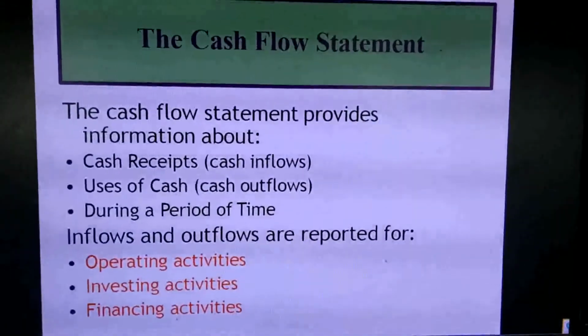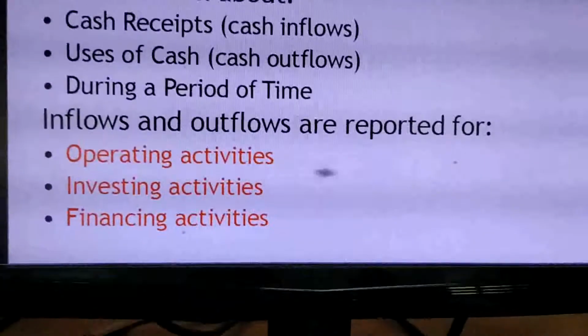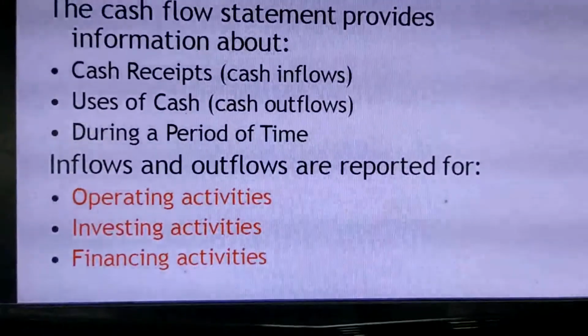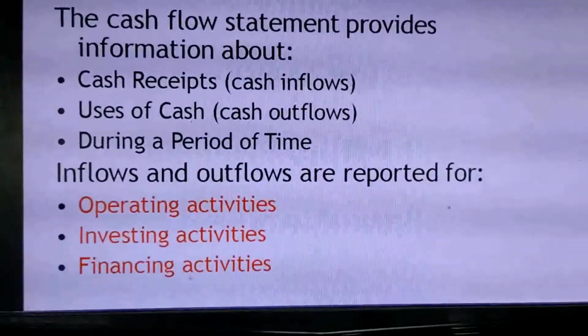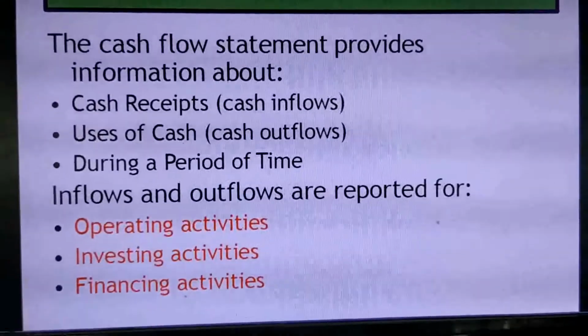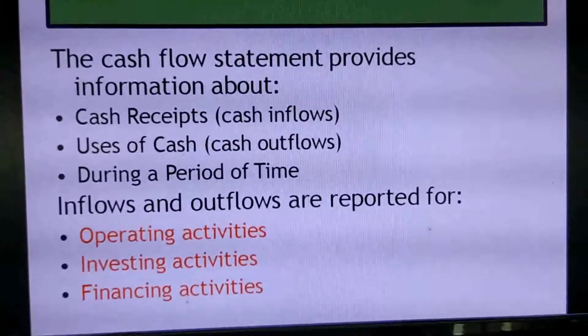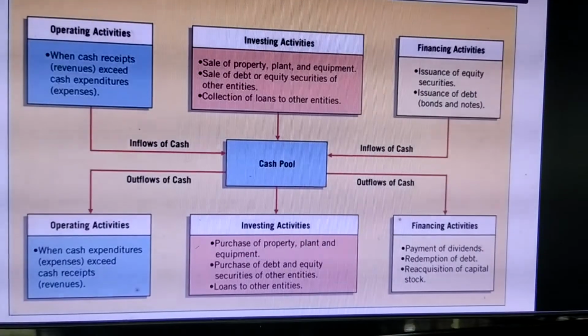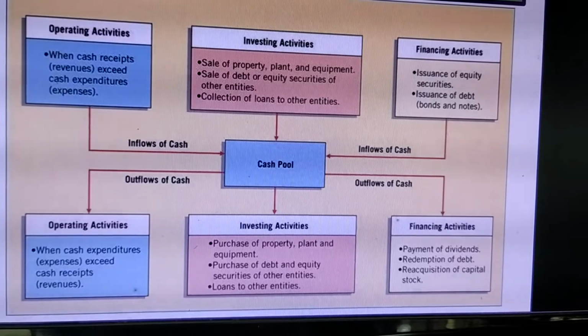So you have 3 activities: operating activity, investing activity and financing activity. With the help of these 3 activities, the cash inflow and outflow will happen. Let us discuss one by one.